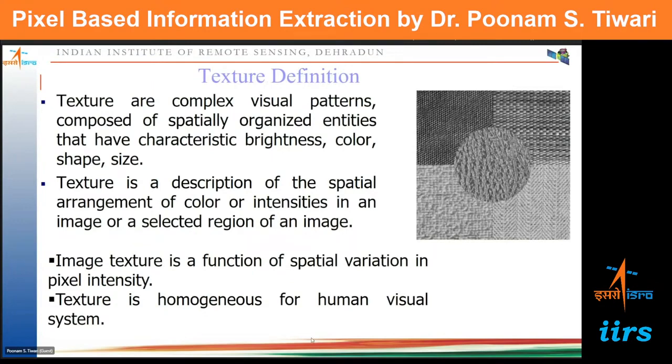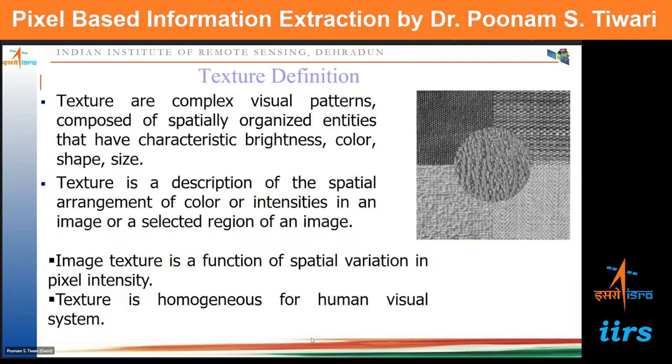Texture is a complex visual pattern composed of spatially organized entities that have characteristic brightness, color, shape, or size. How do we define texture in a digital image? Texture in a digital image is a function of spatial variation of pixel intensity.